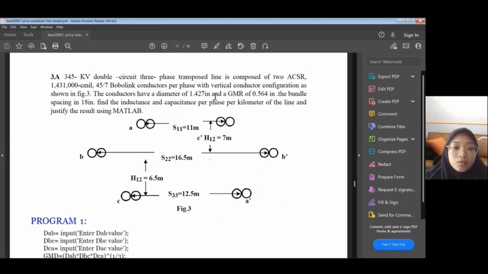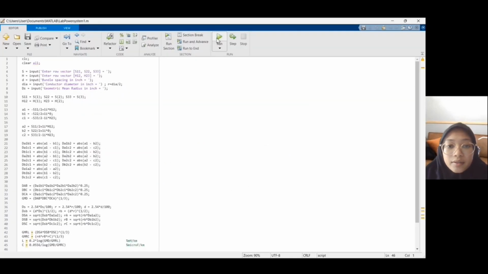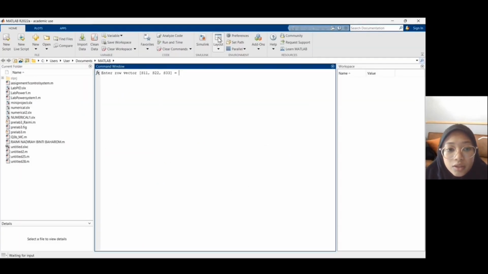For exercise 3, we need to find the inductance and capacitance per phase per kilometer of the line, and we need to justify the result using MATLAB simulation. This is the coding for exercise 3. And then we run the simulation and we need to enter S11, S22, and S33.